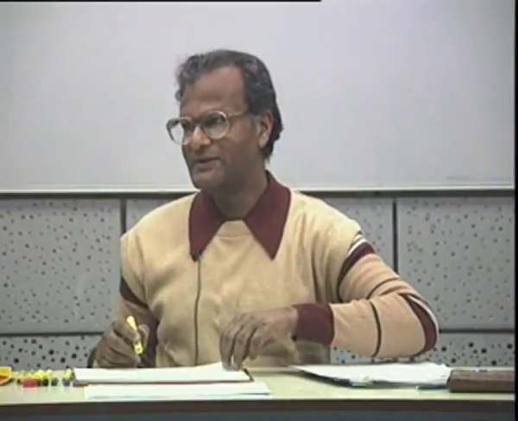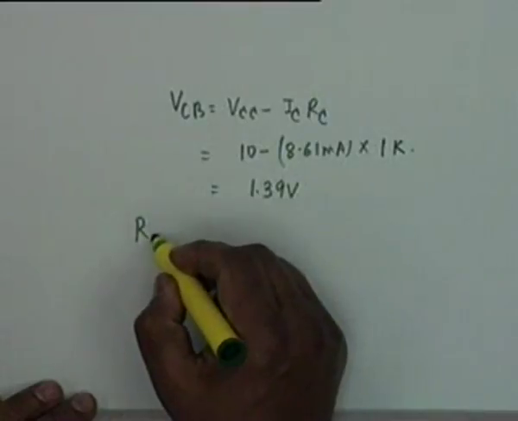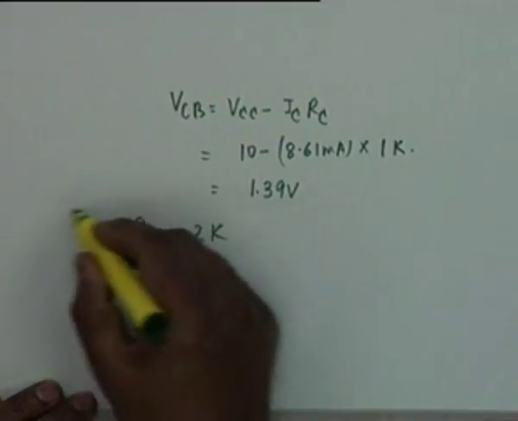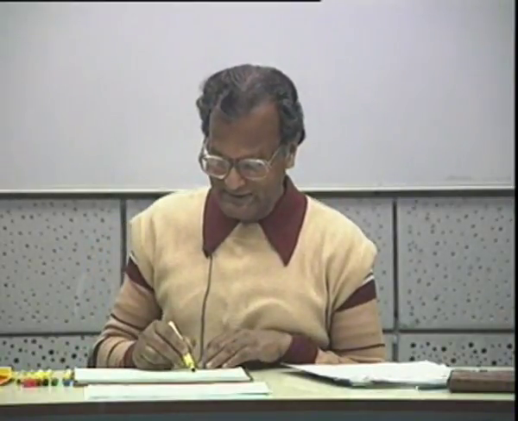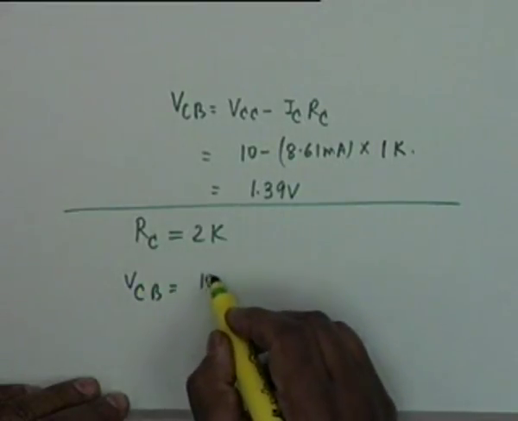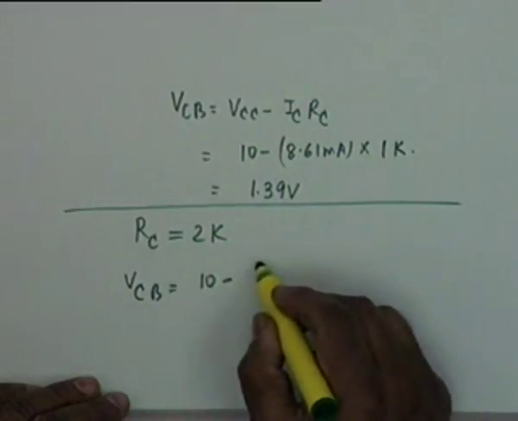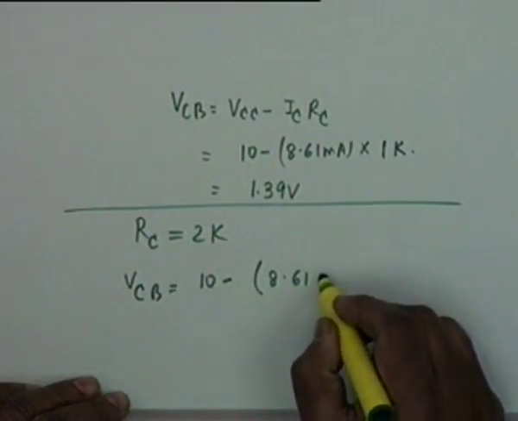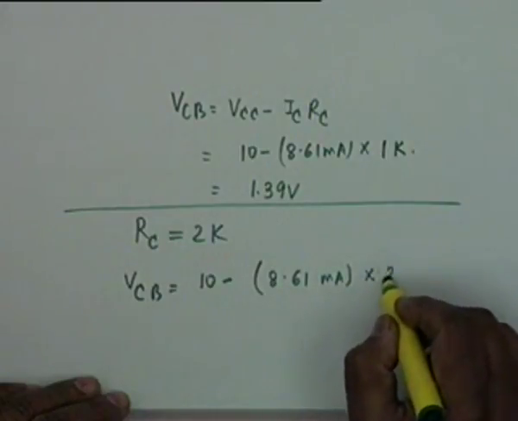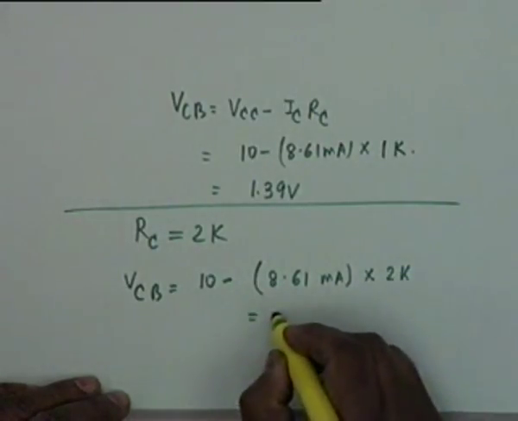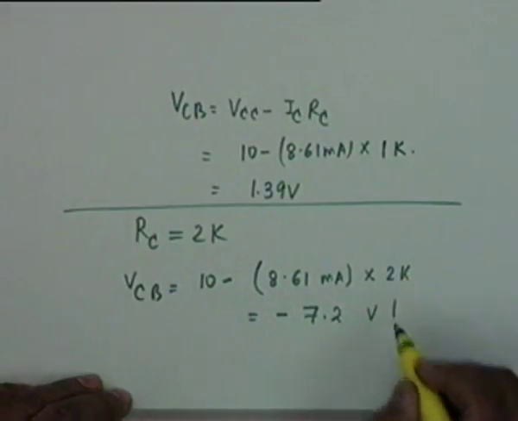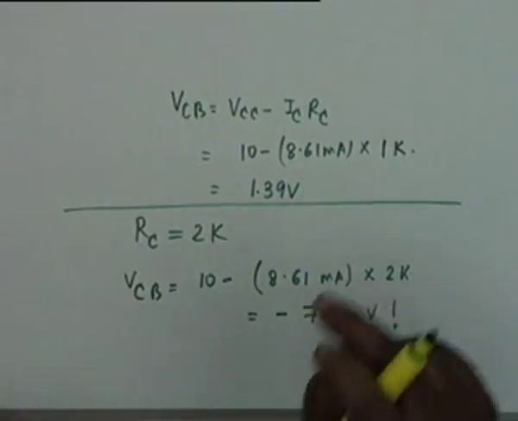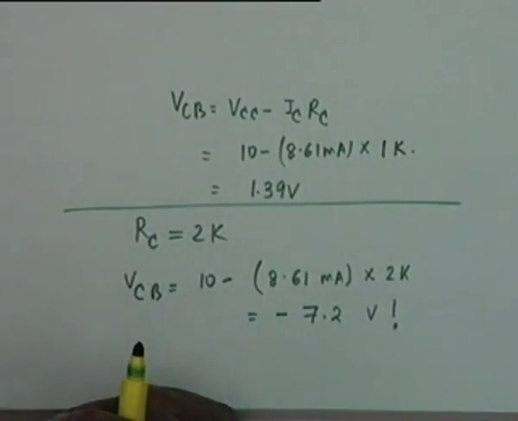Now let us see what happens when RC is changed to 2K. If the same conditions are valid, alright, then our VCB should be equal to 10 minus 8.61 milliampere multiplied by 2K, which becomes minus 7.2 volt, which indicates that the transistor is no longer in the active region.